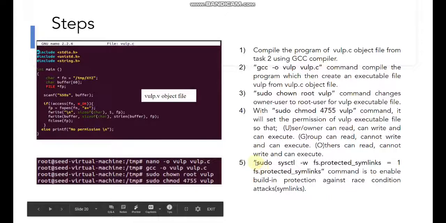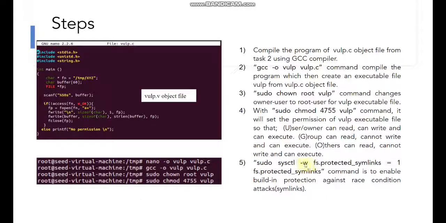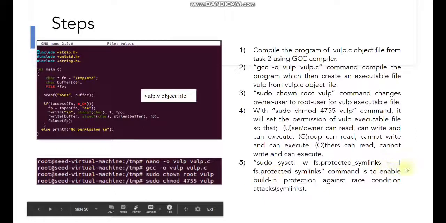And this sudo sysctl fs.protected_symlinks command is to enable built-in protection against race condition attacks. So this is the command that needs to be inserted into the program so that the built-in protection against race condition attacks will be enabled.